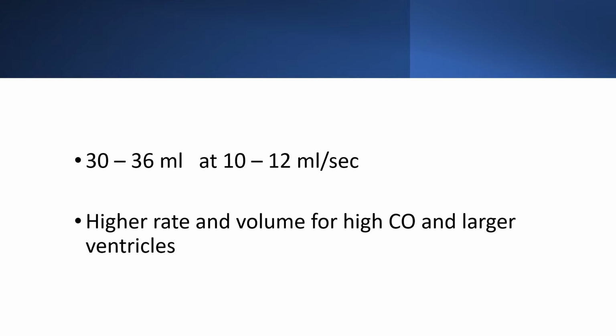Most operators use 30 to 60 milliliters at a rate of 10 to 12 ml per second, and this means a 3 second long injection. Higher rates and volumes are required in patients with high cardiac output and larger ventricles, and volumes as much as 50 milliliters may be needed.